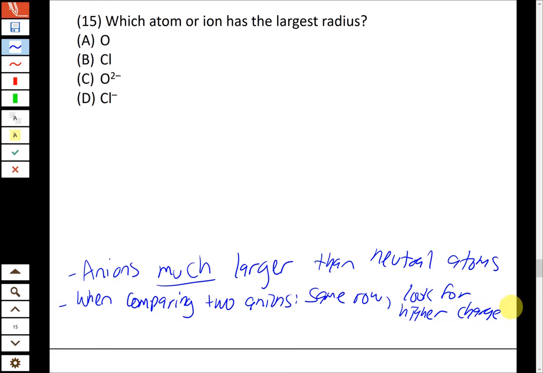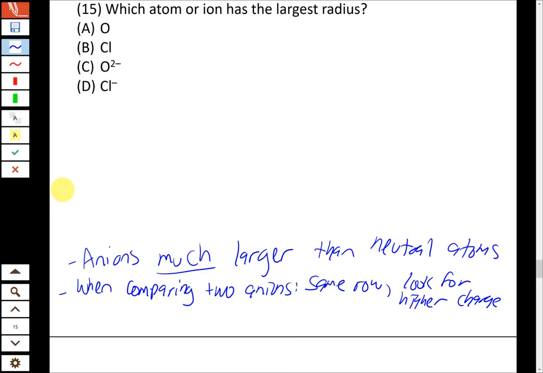You don't really have to worry about periodic trends when you're comparing anions as much because, again, the added electrons have a big effect. And then if you're comparing two different rows, the one that is lower on the periodic table, closer to the bottom, is going to be a bigger anion. So those are the things we're going to think about. Which subshell are the electrons going into? And if comparing two different anions, what's the charge?